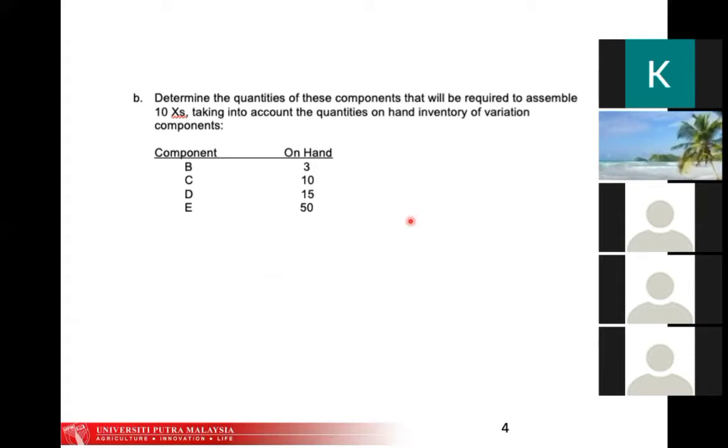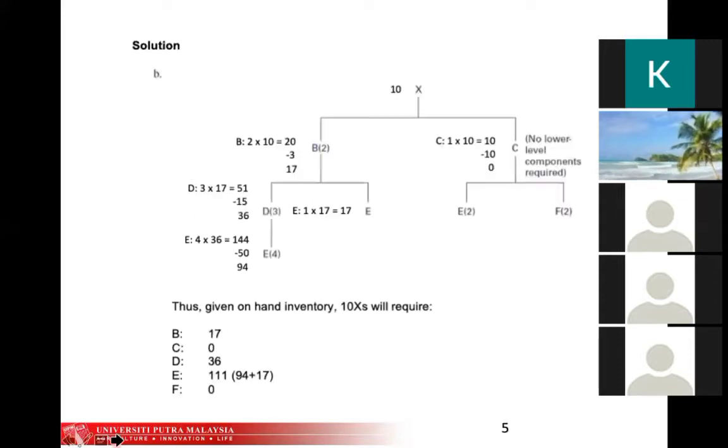The question is to determine the quantities of these components required to assemble 10X, taking into account the on hand inventory of the components. Component B on hand 3, C on hand 10, D on hand 15, E on hand 50. The solution is on the next slide.